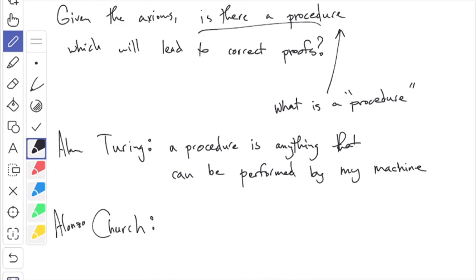People in computer science have heard of Church, but Church's idea was a procedure should be defined in terms of what he called recursive lambda expressions.